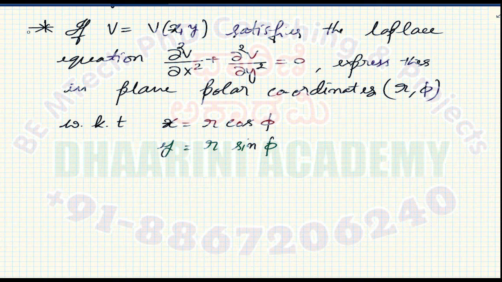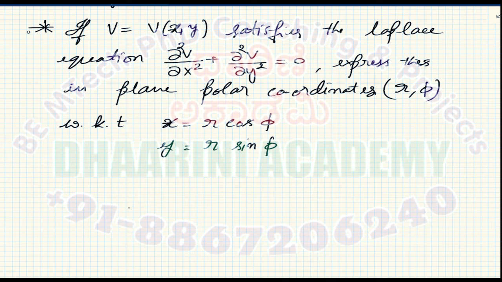Right, now we want to write down the expression for dou v by dou x and dou v by dou y. We have to use them to find dou squared v by dou x squared and dou squared v by dou y squared. When you write dou v by dou x, the regular x and y coordinates should be replaced by r and phi. I should write in terms of r and phi.